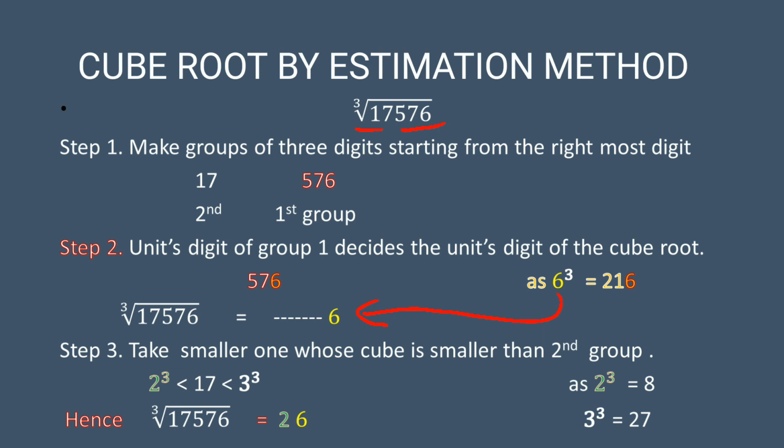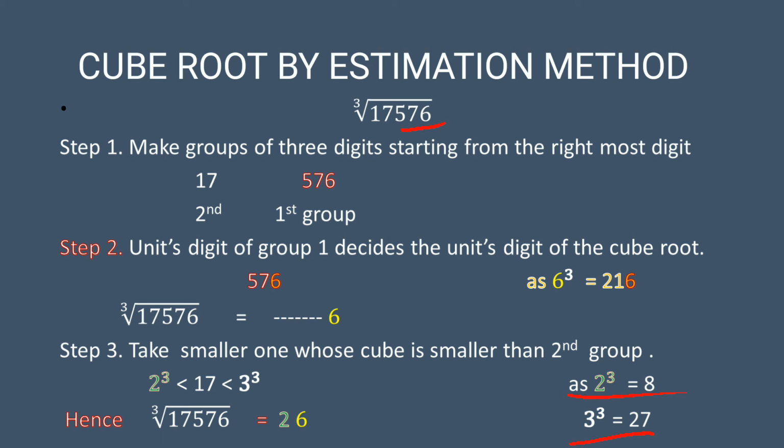And in the third step, we will take the second group, that is 17, and we will observe again the cubes of the natural numbers. You will see here that it lies between the cube of 2 and the cube of 3.